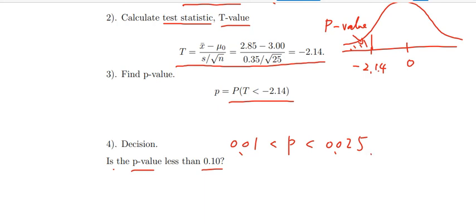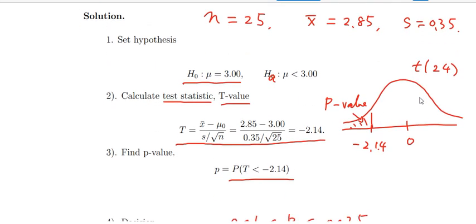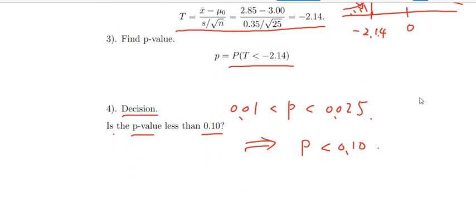Okay, so we can say this p-value is less than alpha, right? So our decision is that the difference is quite big, so we can reject their claim. So p-value less than alpha.